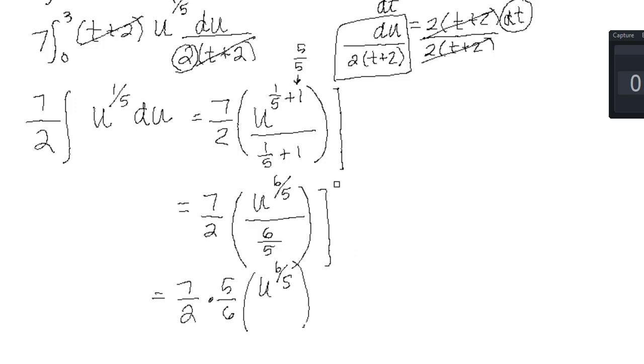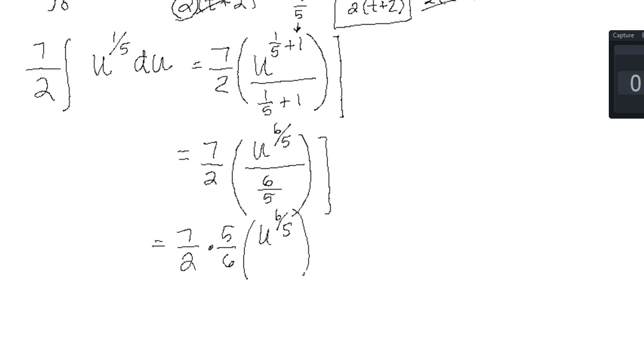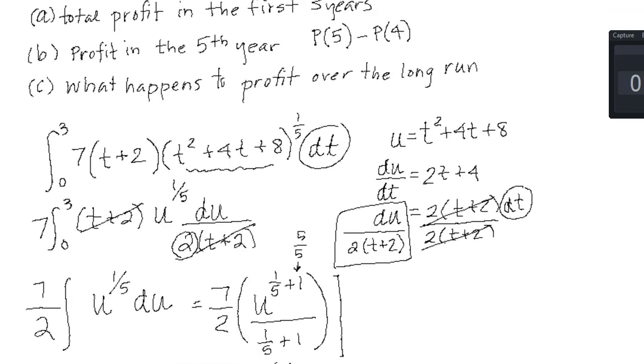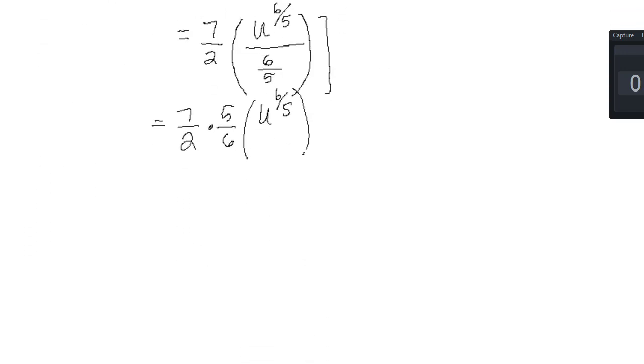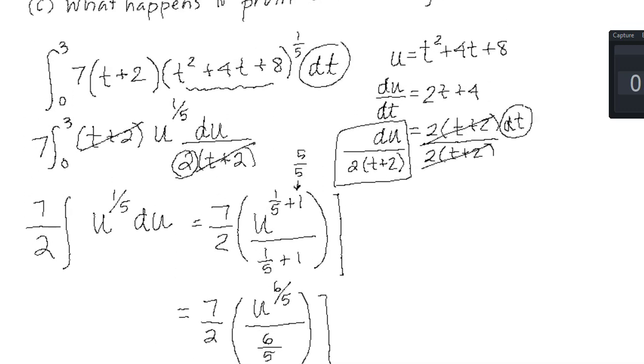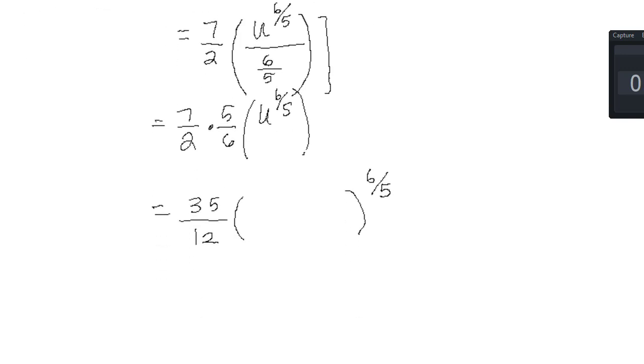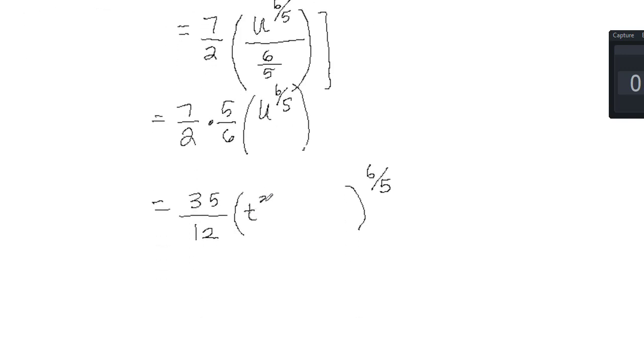Technically, once we do the u substitution, we don't leave these points here until we change our antiderivative back in terms of t, because these values were for the t integral. So I've got 35 over 12, and now I'm going to substitute what u was: t squared plus 4t plus 8, to the 6/5.